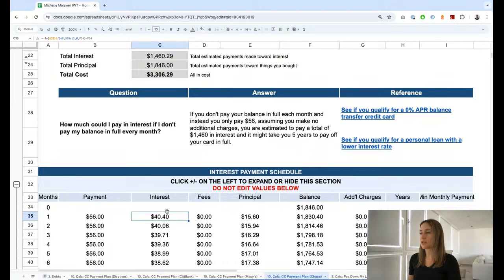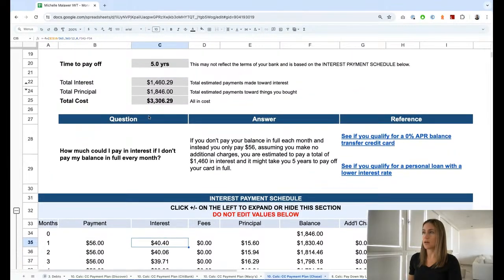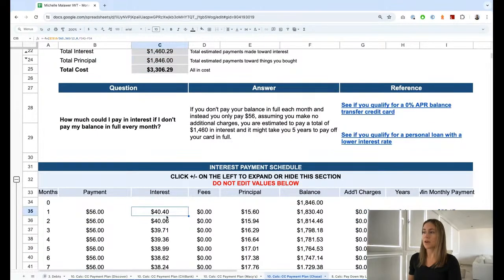I believe it's actually compounds daily. So I have a compound daily function that is calculating that interest. But if you wanted to, you could do a monthly. The question that was asked is, how is the interest calculated?